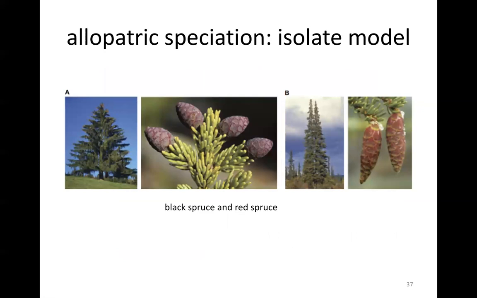And the other model, the peripheral isolate model, we have many examples of this as well. This is a spruce, the interaction of black and red spruce.